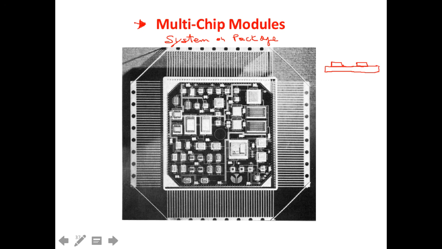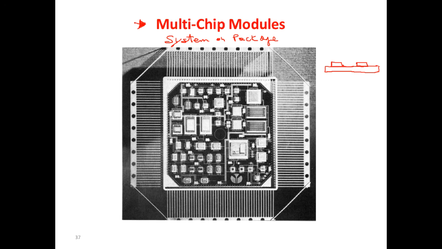For example, in this situation, maybe this is an extreme, you have several dies that are on the same substrate, and they are put in the same package. So essentially, you have a single package that, instead of containing a single chip, contains multiple chips put on a single substrate more than board.